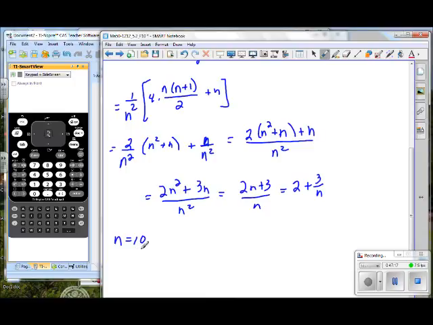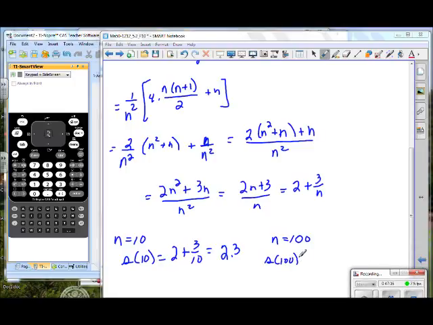So the value when n is 10, so s of 10, would be 2 plus 3 divided by 10, or 2 and 3/10. When n is 100, we would have s of 100, and that would be then 2 plus 3 100ths, or 2 and 3 100ths.